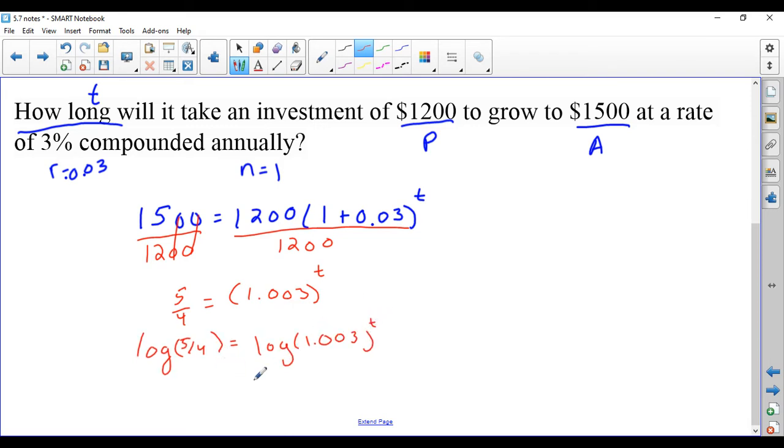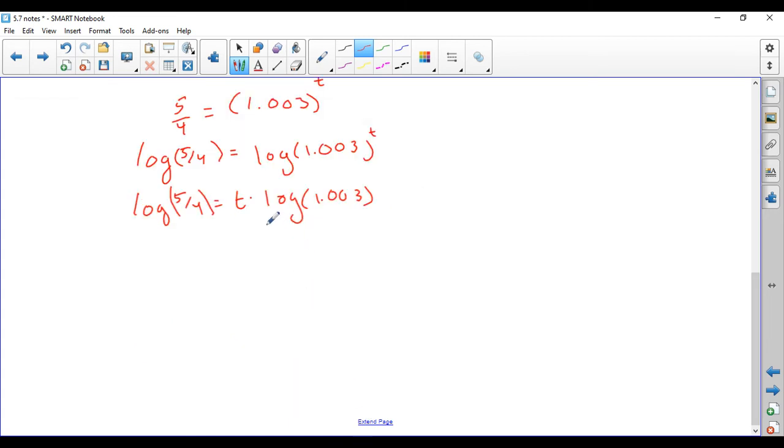and pulling the t out front, so that you can then divide both sides by log of 1.003. And put all of this in your calculator.